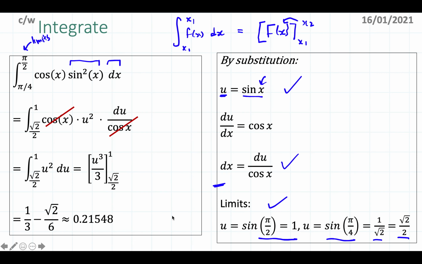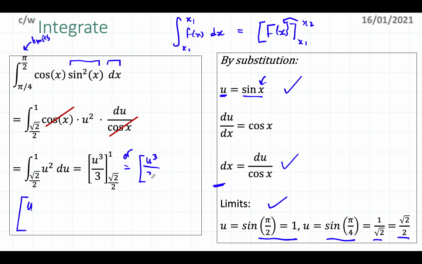Now, let's say you didn't want to change the limits. If you didn't want to change the limits, then you would end up with u cubed over 3 and you were going to keep the old limits, which is mathematically incorrect. But what you'd have to do then, if you don't want to change the limits, is bring back your original value.